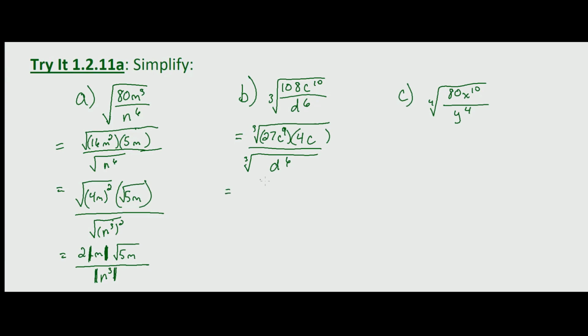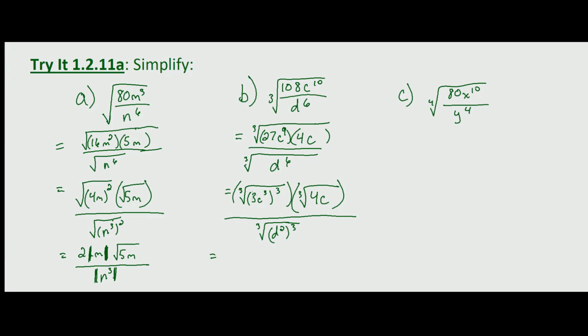If we separate this further, that's the cube root of 3c cubed, because 3 cubed is 27, c cubed is c to the 9th. That's times the cube root of 4c, and that's all over the cube root of d squared cubed.